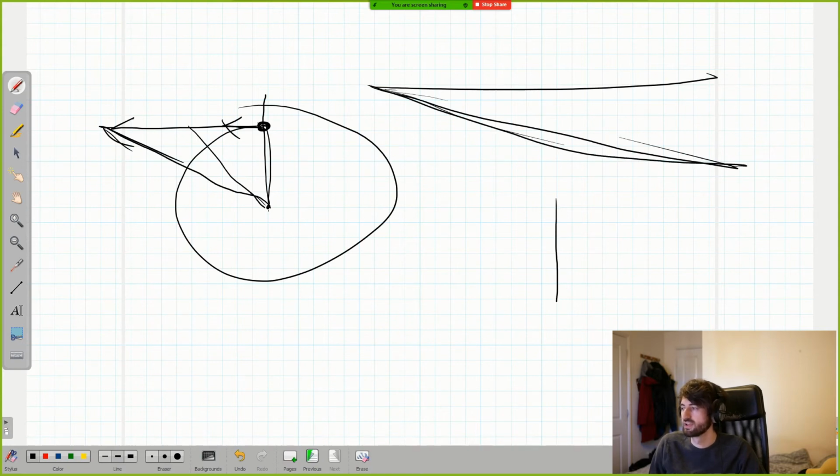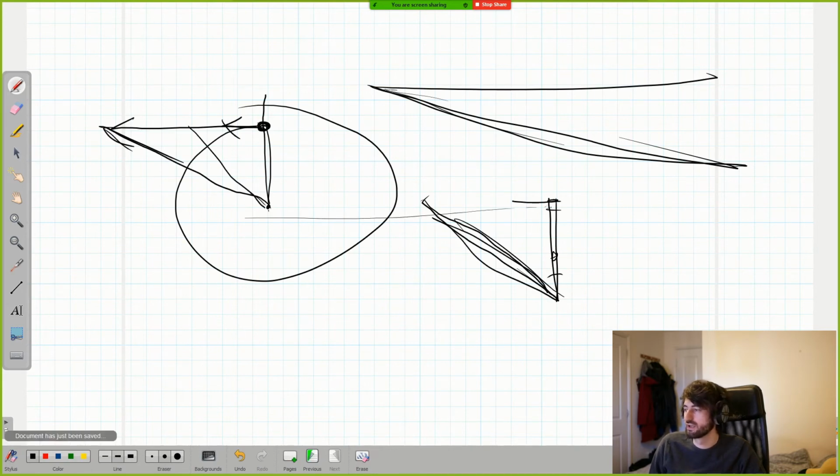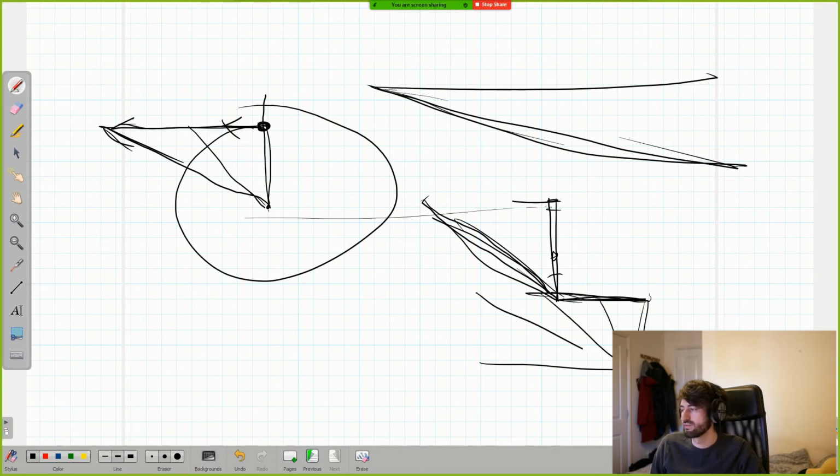Whereas at the beginning, it's going from here to here, which is quite a big angle compared to this. It would help if I drew straight lines, but whatever. If it goes in a straight line, eventually it's going to approach 90 degrees, but very, very slowly. Whereas in the beginning, it changes angle quite fast, and then the angular change slows down if it's just moving in a straight line.